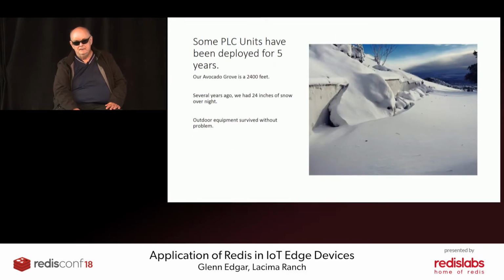I've had these units in the field for at least 5 years, and this is 2 feet of snow that happened one year at our house. The PLCs survived the snow, and they survived the 105, 110 degree temperatures we've had.